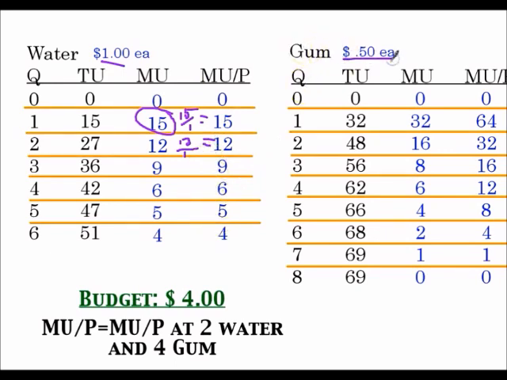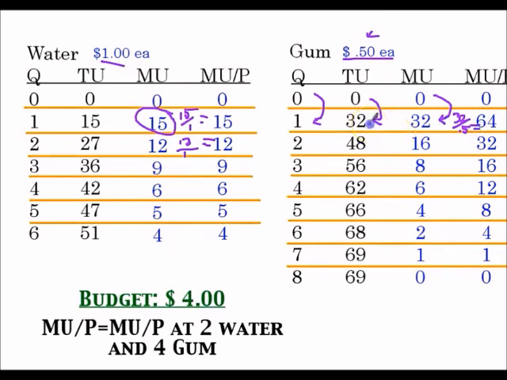Gum, when I consume my first unit of gum, my total utility went up to 32. That is a marginal utility of 32. 32 over the price tag, which is 50 cents, over 0.5 equals 64.